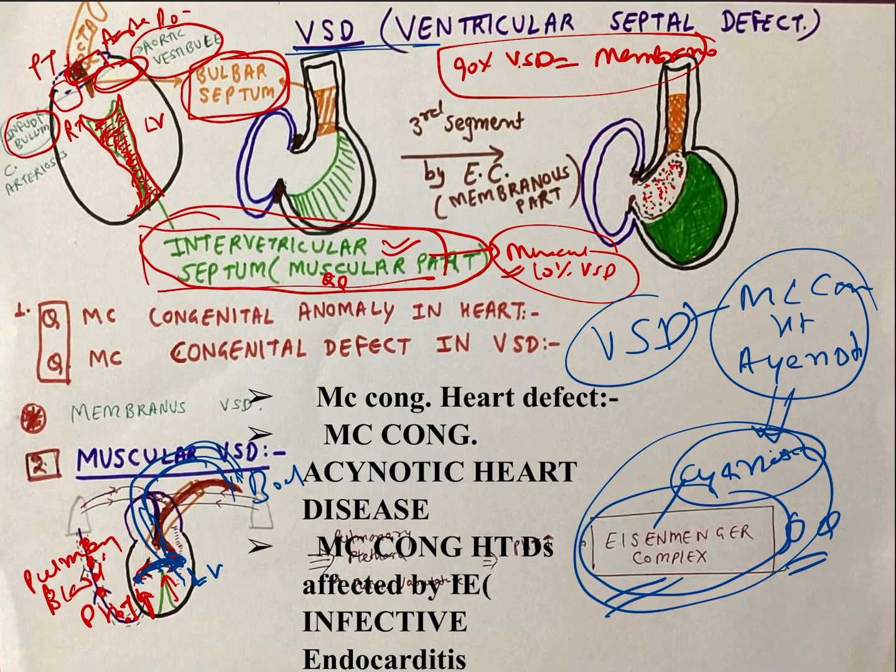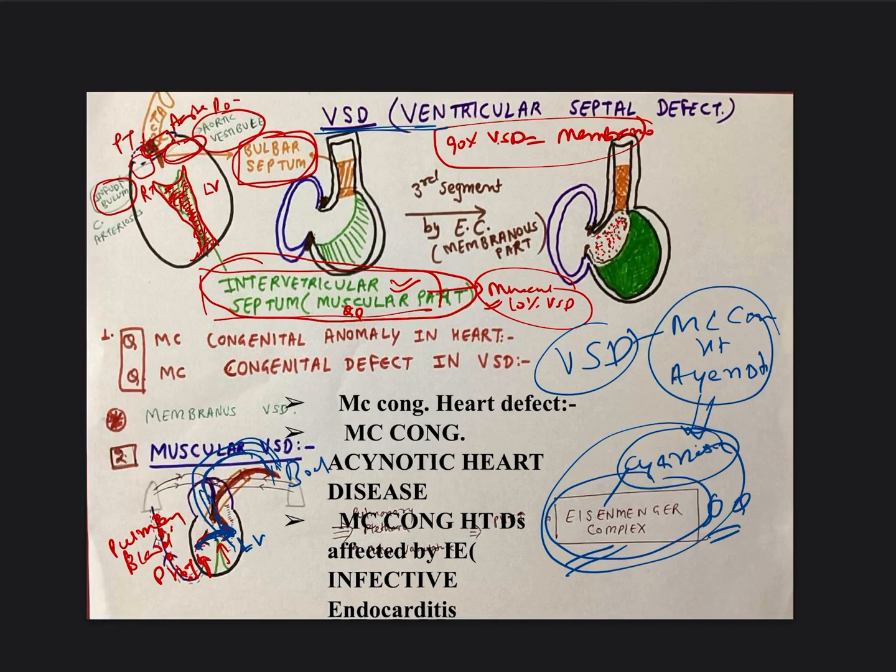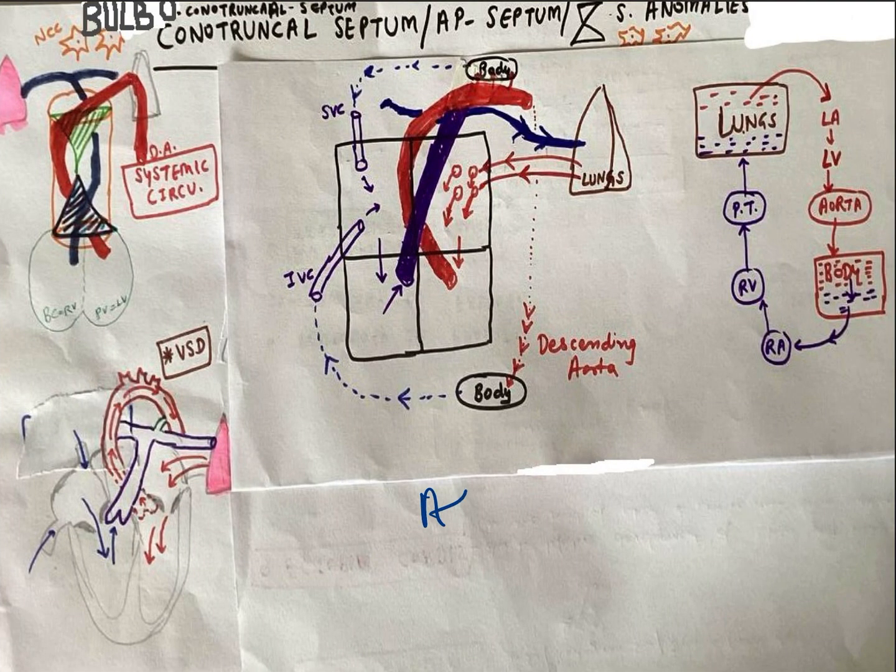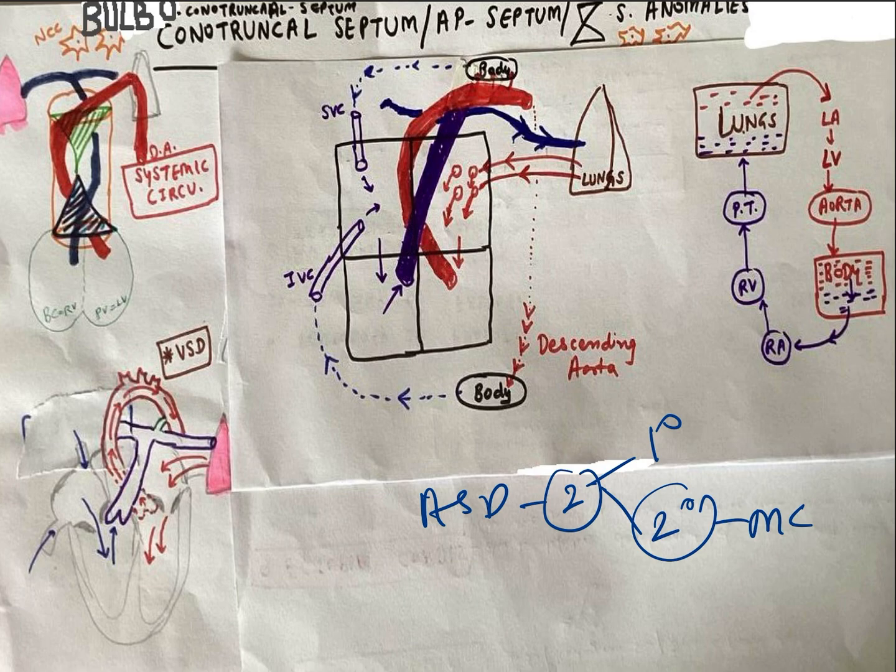We have discussed VSD. ASD is of two types mainly, primum and secundum. Secundum is most common. This secundum is mostly because of excessive foramen secundum.